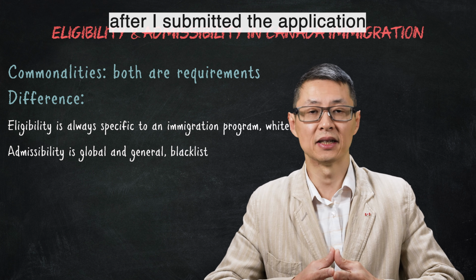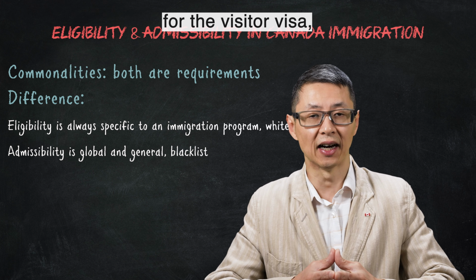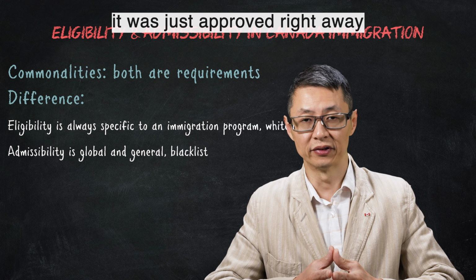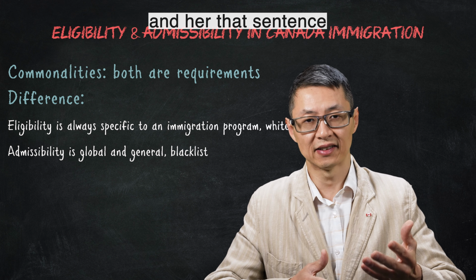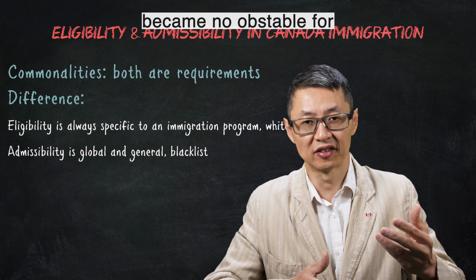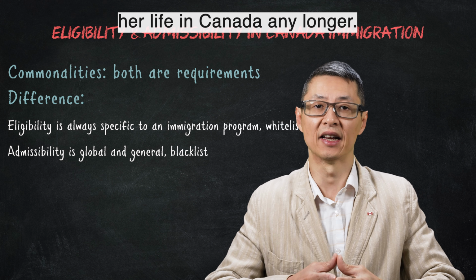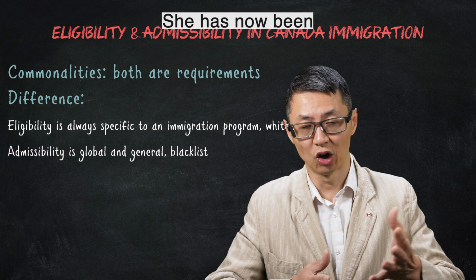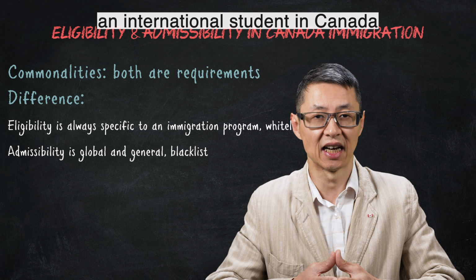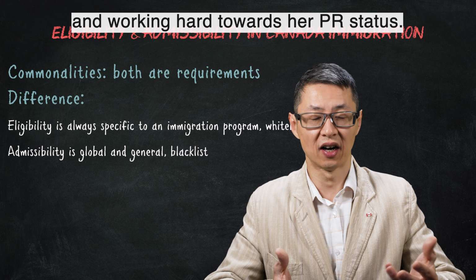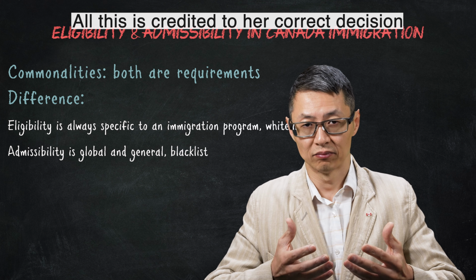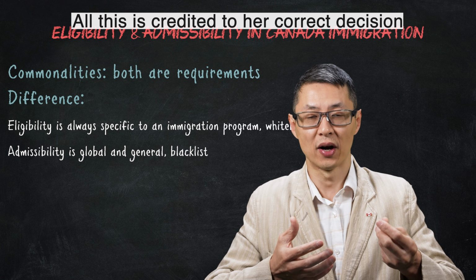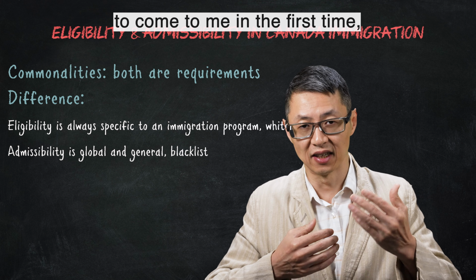After I submitted the application for the visit visa, it was approved right away after 3 months of waiting, and that sentence became no obstacle for her life in Canada any longer. She has now been an international student in Canada for 1 year and is working hard towards her PR status. All this is credited to her correct decision to come to me the first time.